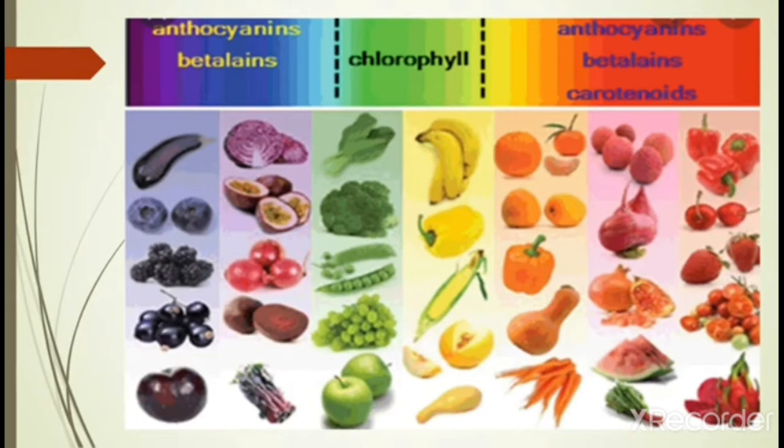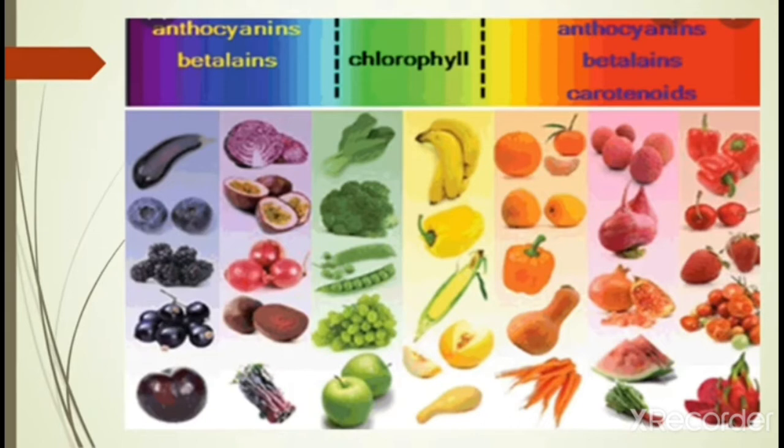Anthocyanin and betalains are very similar in structure, but the difference is that anthocyanin does not have nitrogen, whereas betalains have nitrogen. Chlorophyll is the pigment which gives green color to the plant, and that is why the leaves of the plant are green, because leaves have chlorophyll in them.